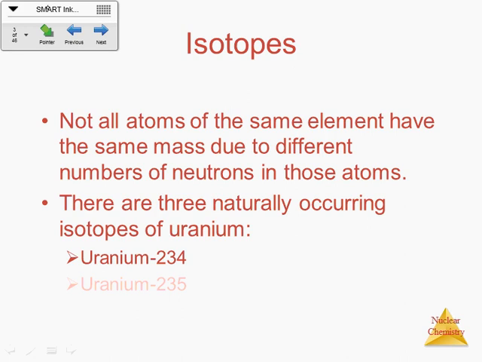Uranium's an example here. Uranium-234, uranium-235, and uranium-238 are the three naturally occurring isotopes of uranium. Uranium-238 is much more abundant than the other two types. The other two types are a little bit less stable, and so they radioactively decay a lot quicker.